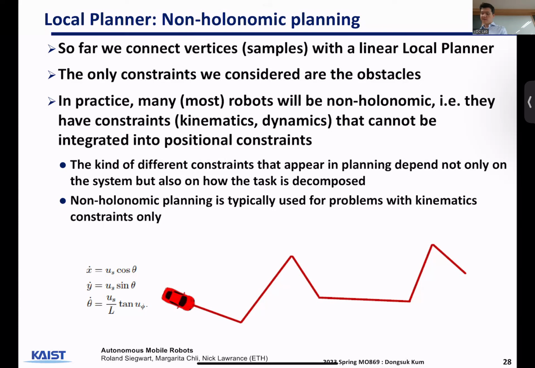Here they have constraints, kinematics, dynamics, that cannot be integrated into positional constraints. The kind of different constraints that appear in planning depend not only on the system but also on how the task is decomposed. Non-holonomic planning is typically used for problems with kinematics constraints only.